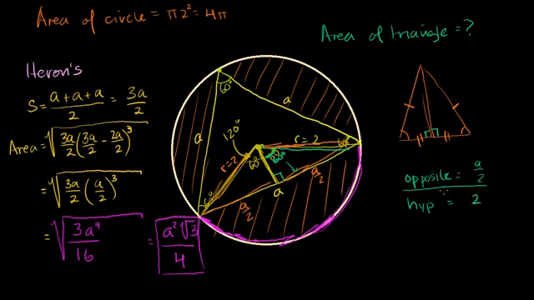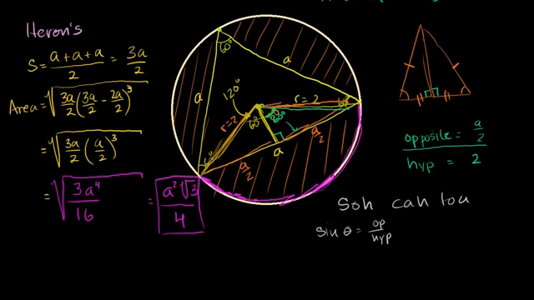So what trig ratio is the ratio of an angle's opposite side to hypotenuse? Some of y'all might get tired of me doing this all the time, but SOHCAHTOA. Sine of an angle is equal to the opposite over the hypotenuse. So let me scroll down a little bit. I'm running out of space.